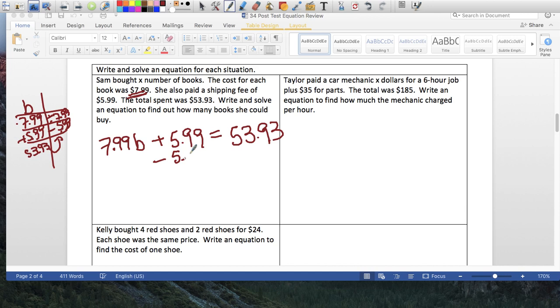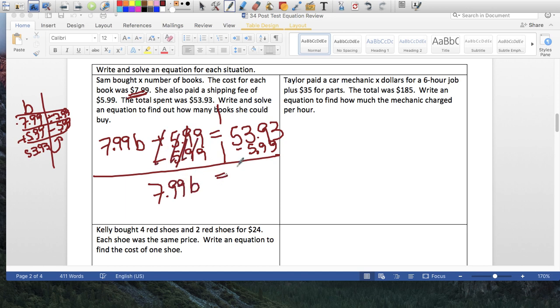Let's do that. Minus $5.99 here and minus $5.99 here. Please line up your decimals. I know you're using a calculator, but just for habit's sake, line up your decimals. So this becomes 0. So I have $7.99b, because this is 0, equals 53.93 minus $5.99.